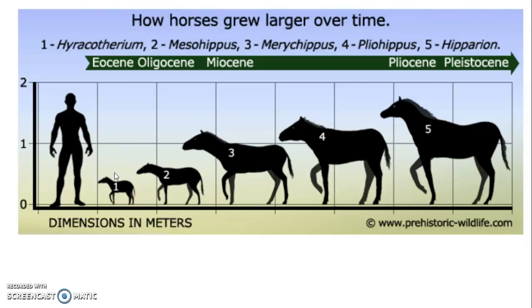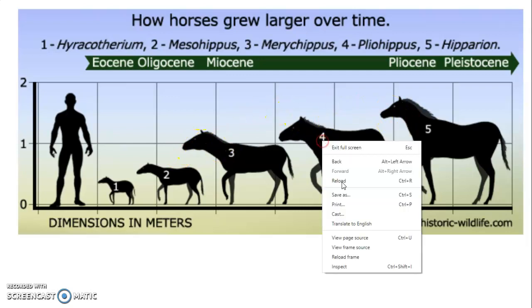Dinosaurs ended in the Mesozoic, and now we're in the Cenozoic, more modern time. These early horses were very small. Many of you probably have dogs that are bigger than these early horses used to be. Here we could see this horse number 1 goes up to about the person's knee. And then as the horse evolves, it evolves to a larger and larger body.